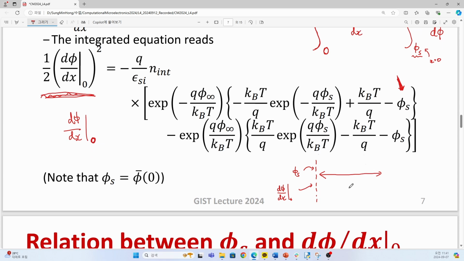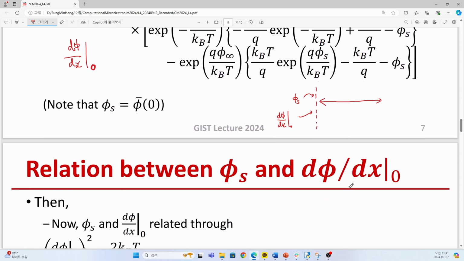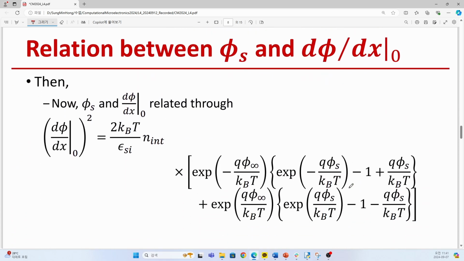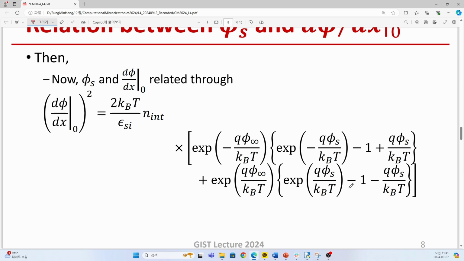So this is quite a significant improvement on our understanding. Okay, so this is just the rewritten or simplified form shown here.